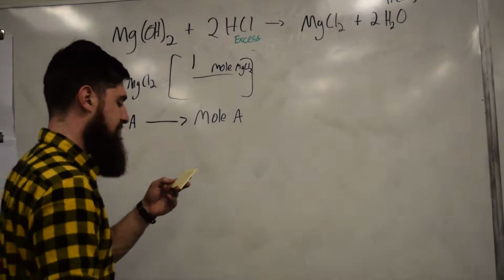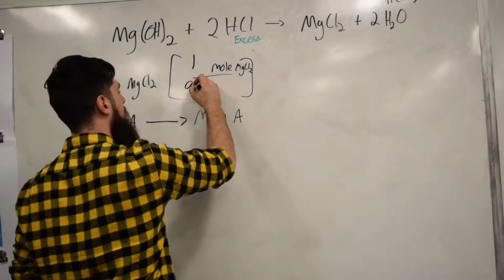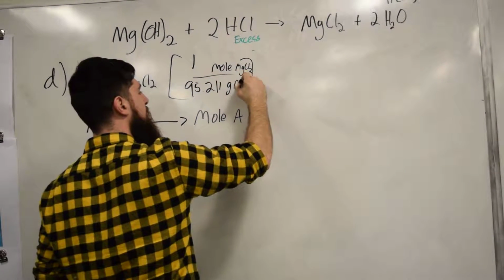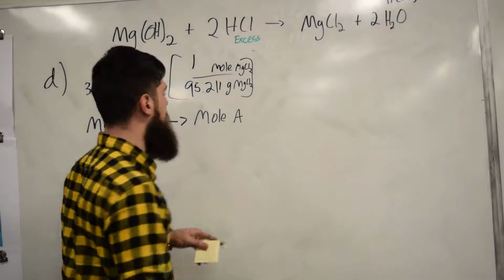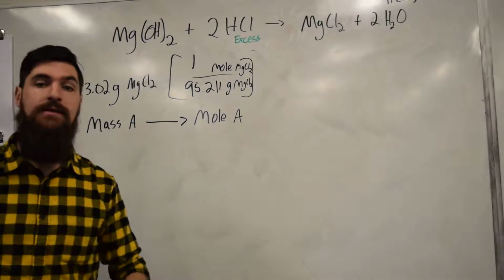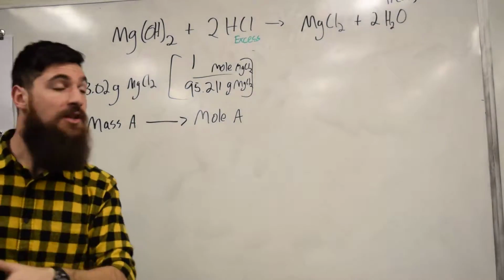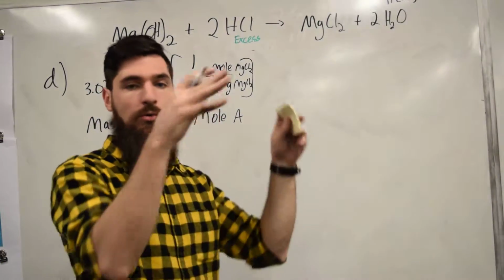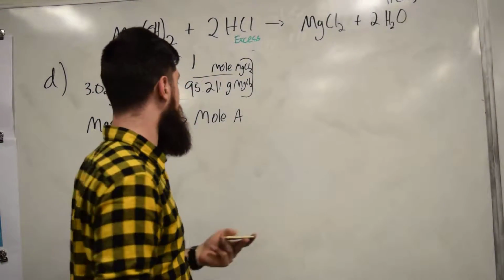The molar mass is 95.211 grams of MgCl2. Remember, to find this number, you find out how much one magnesium weighs, add it to however much two chlorines weigh. It's how much one mole of the whole thing weighs.